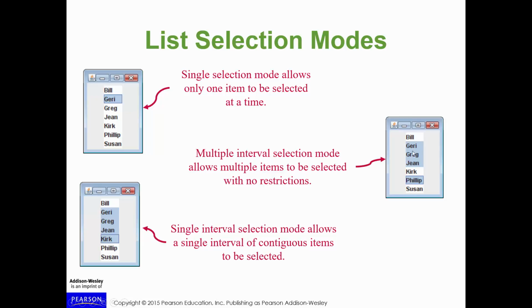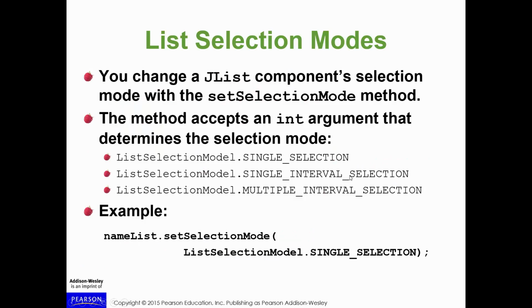And there's multiple interval, where you can select multiple and there are no restrictions. You change that selection mode type using setSelectionMode, and those are the three. Hopefully you realize by now we've seen this in other contexts, and after the dot in all three cases, these are constants.